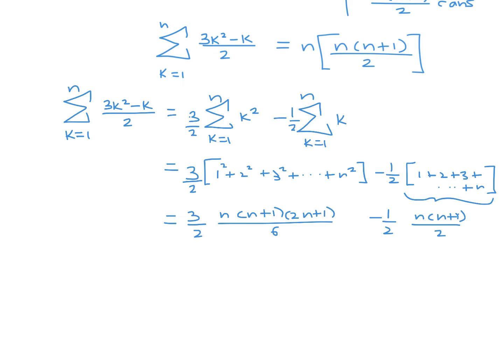Okay? All right, so let's do this now. This will cancel with that to give a 2, so this will be 1/4. And that will be n times n plus 1 times 2n plus 1. This also is a quarter, so it's a good thing I could factor that out, this 2 and the 2. And that's just n times n plus 1.